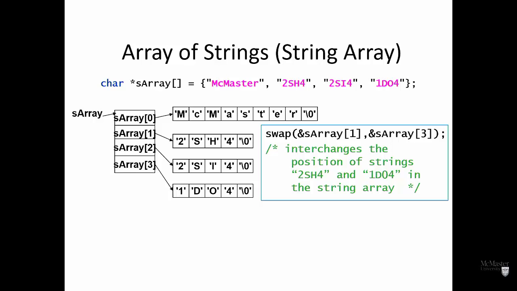Good. Exactly, but to do this, if you just make this one point to this one, you lost the address of this one, right? So how to do it? What you're saying is correct, but you need one extra step. Yeah, like a temp variable to hold the first pointer. Any swap would require a third variable to basically swap things, right?